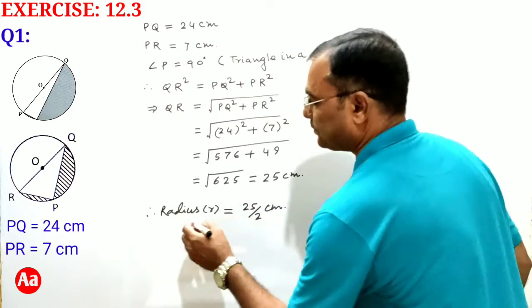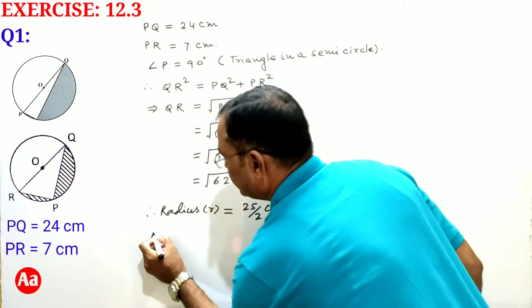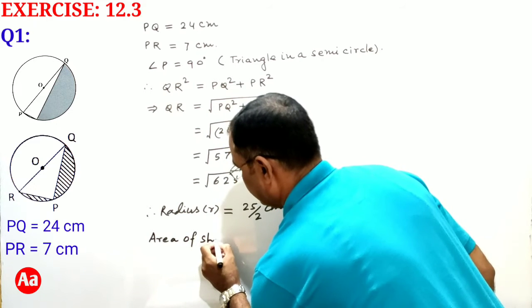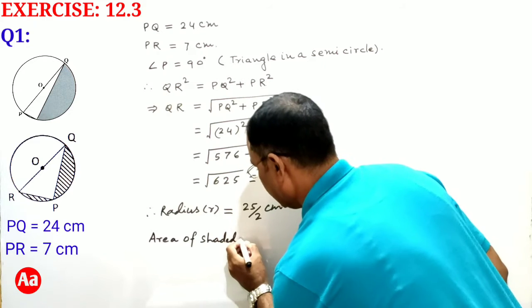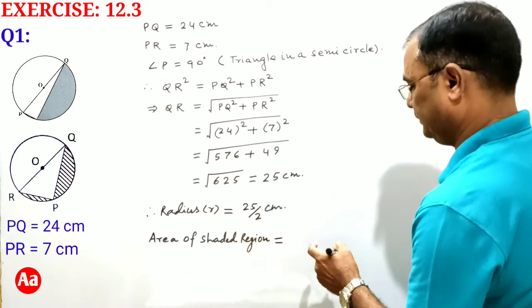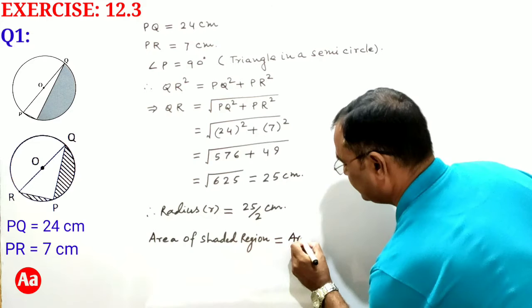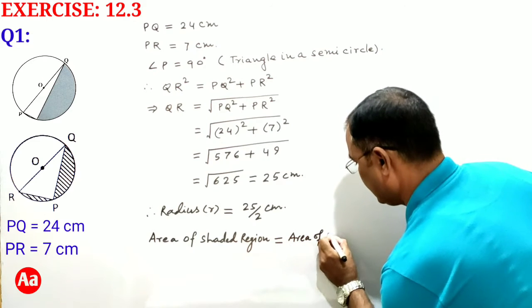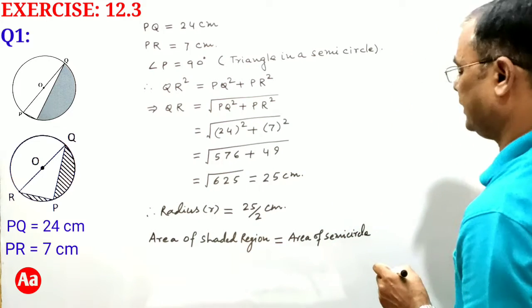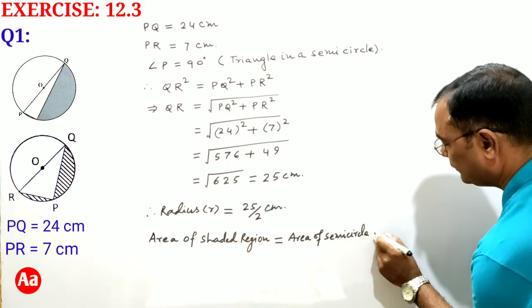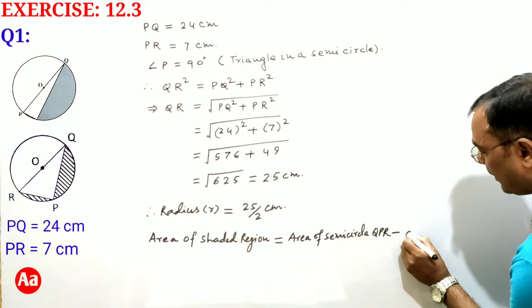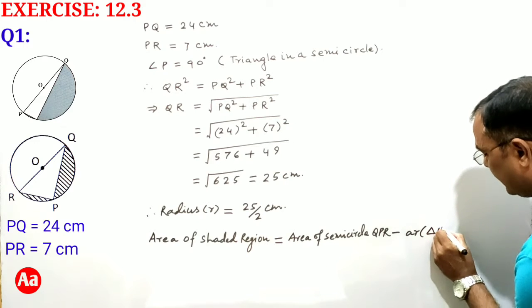So let's write area of shaded region equal to area of semicircle QPR minus area of triangle QPR.